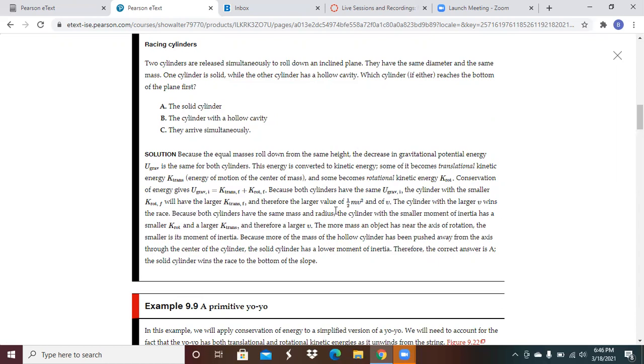Because both cylinders have the same mass and the same radius, a cylinder with a smaller moment of inertia has the smaller rotational and therefore the larger translational and therefore the larger linear velocity. So the more mass an object has near the axis of rotation, the smaller the moment of inertia. Because more of the mass of the hollow cylinder has been pushed away from the axis through the center of the cylinder, the solid cylinder has a lower moment of inertia. Therefore, the correct answer is going to be A.